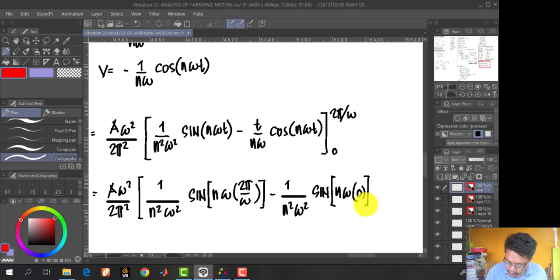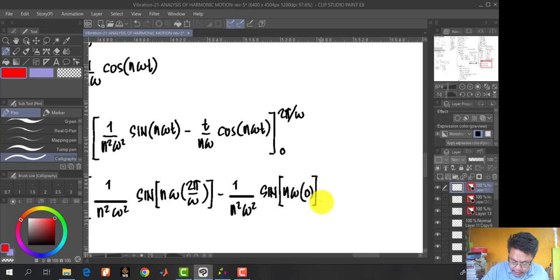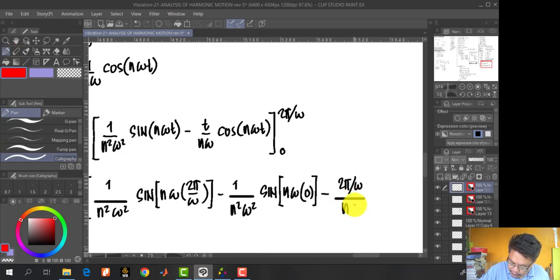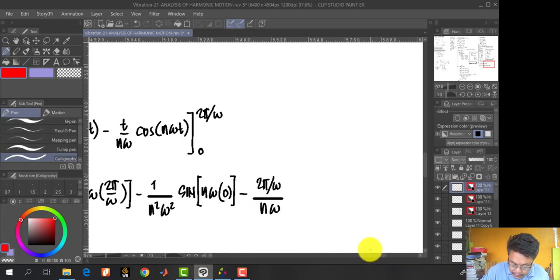It's just a long solution, but eventually it will be 0. It cancels out. Then it will be minus this part. So I have my t, sorry, the value of t. Let's substitute that. So that will be 2 pi over your angular velocity, all over, then we have your n angular velocity.